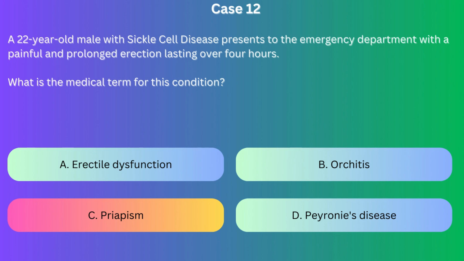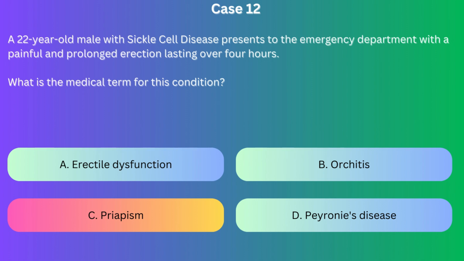unwanted erection of the penis. It results from vaso-occlusion of penile vessels by sickle cells, leading to impaired blood flow and prolonged erection. Priapism is a urological emergency that can lead to tissue damage and permanent erectile dysfunction if not treated promptly. Management may involve hydration, analgesia, and in severe cases, surgical intervention.